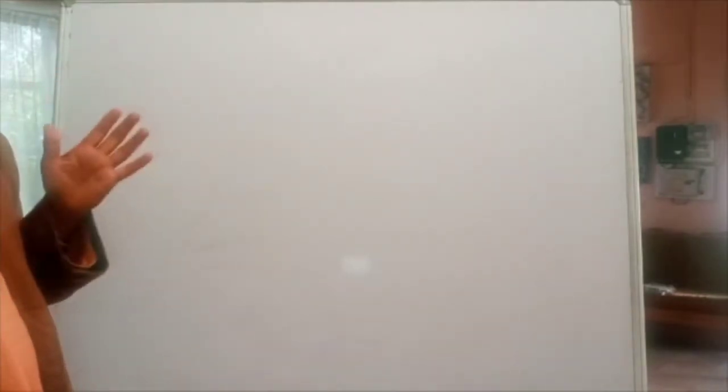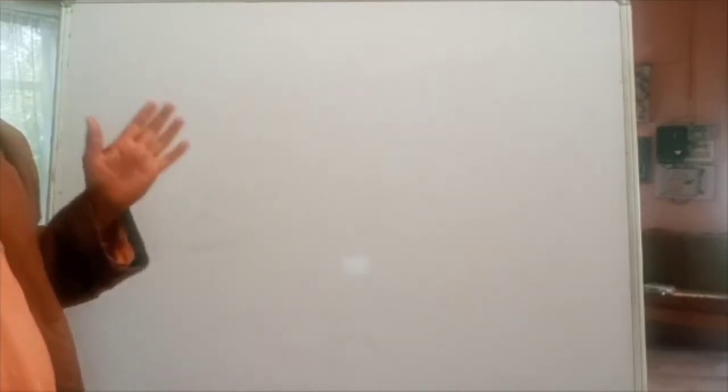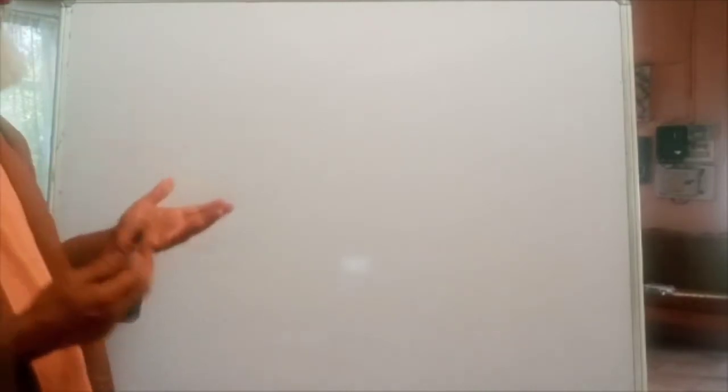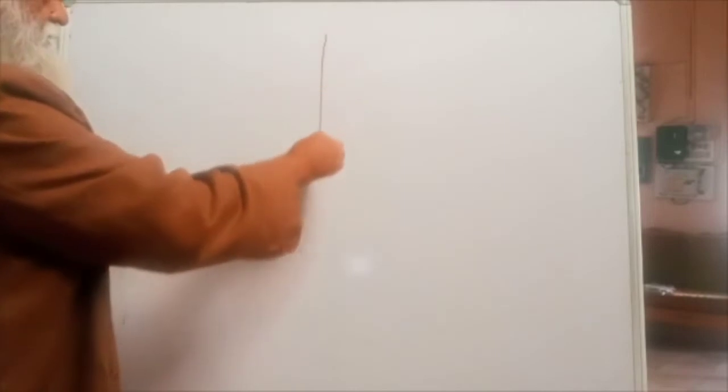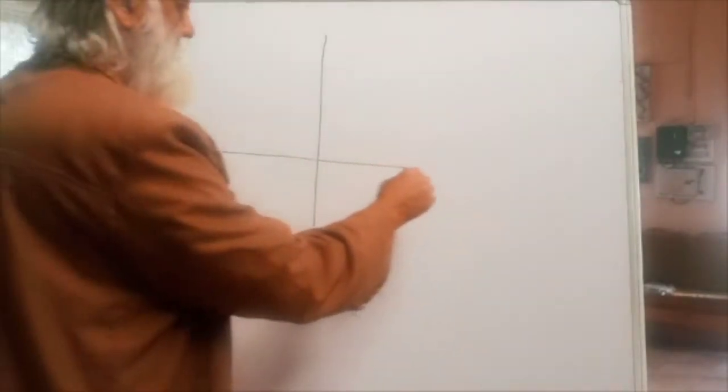Similarly, if we have this frame of reference in our mind, we can clearly see which way our mind is functioning. So we can draw the scheme. First we draw a vertical parameter and then we intersect it with a horizontal parameter.